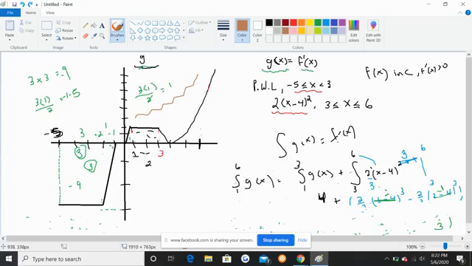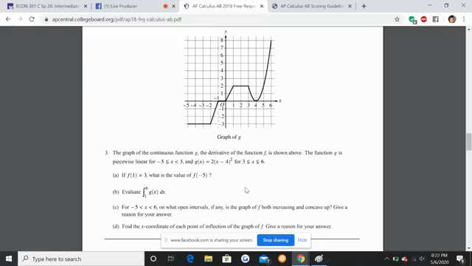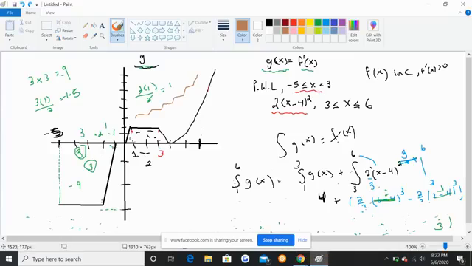Now, when f of x is increasing and concave up. To be concave up, this means that the derivative of f of x must be increasing as well. And we know that this is the graph of f prime of x.